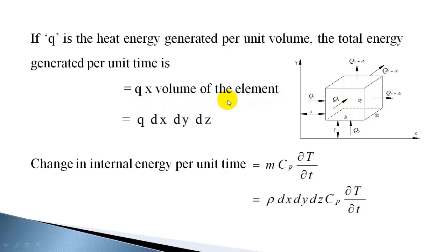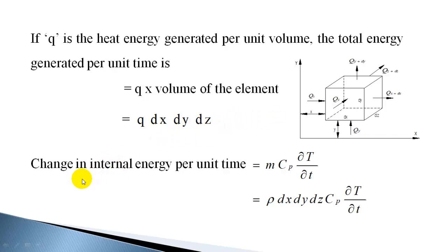So the volume of the element multiplied by the rate of heat generation will give the total heat generated within the element. Q is the heat energy generated per unit volume per unit time, so it is a rate of heat generation. The total energy generated per unit time is Q into the volume of the element. Volume is dx dy dz.